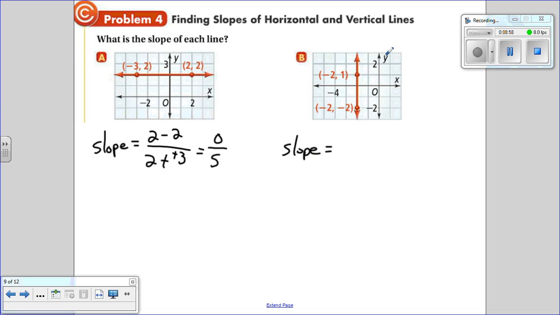And on this one, I'm going to call this one my first point and this one my second. So my y2 is negative 2 minus 1. x2 is negative 2 minus negative 2. So those become positive. And here we get negative 3 over 0. What happens when 0 is on the bottom?